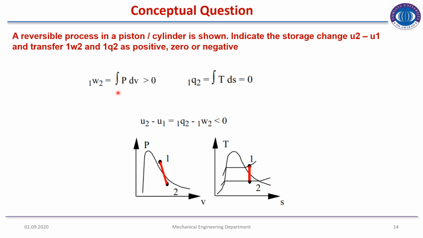As the piston cylinder is a closed system, the relation for work done is integration of P dV. Here from 1 to 2, as volume is increasing, dV is positive, therefore the value of W1 to 2 is also greater than 0.